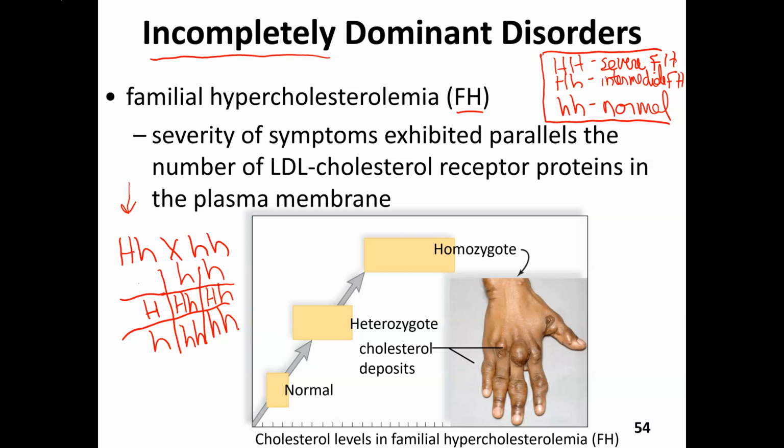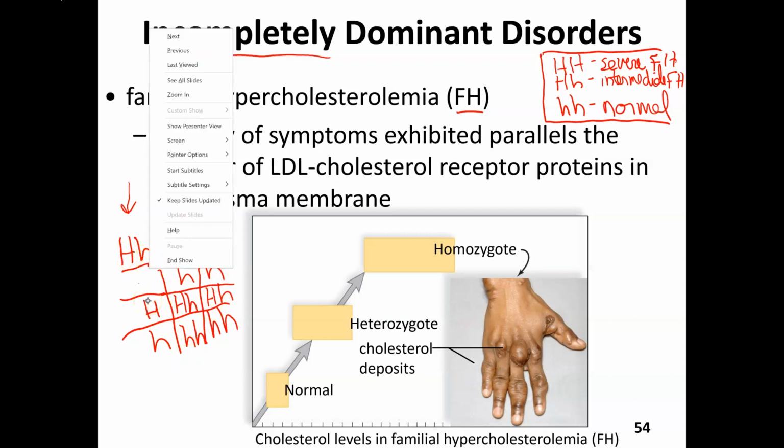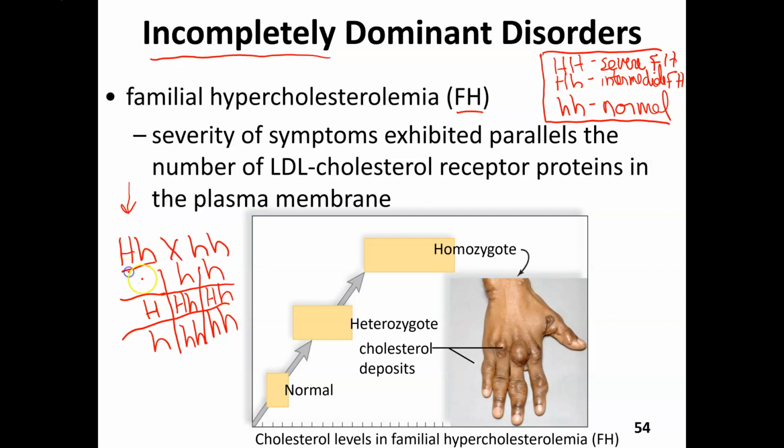Now, there was always that chance that all of my children, even though he is heterozygous, could have had the disease, or all of my children could have not, because again, it's just dependent on which of the chromosomes gets passed to the sperm, in this case, that fertilized the egg. But I have 2 children, a daughter and a son, that have normal cholesterol levels.